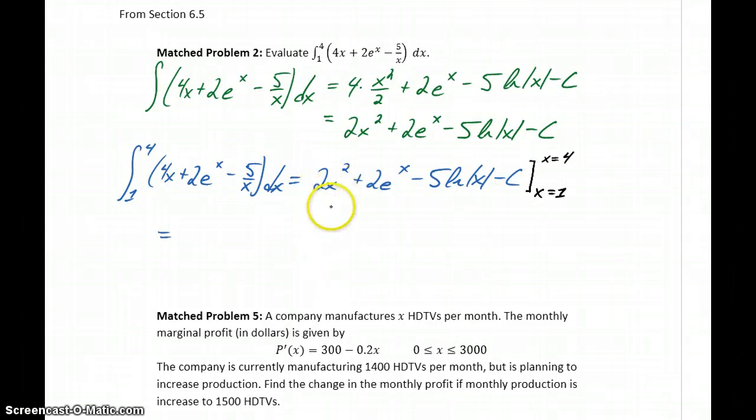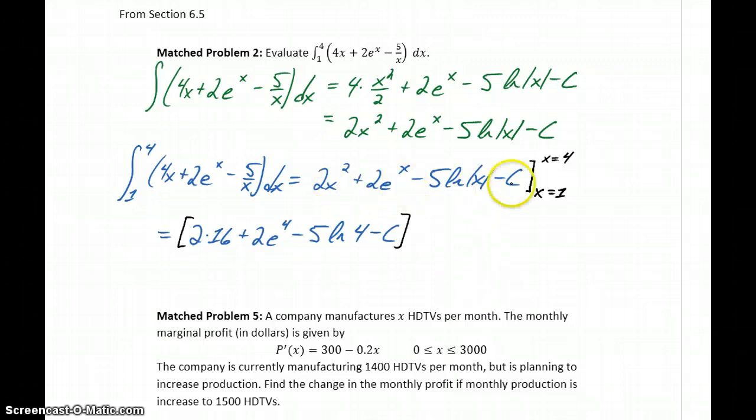So we'll get 2 times 4 squared, so 2 times 16, plus 2e to the 4th, minus 5 times the natural log of the absolute value of 4, which is just 4, minus c. So that's our indefinite integral evaluated at x equals 4.